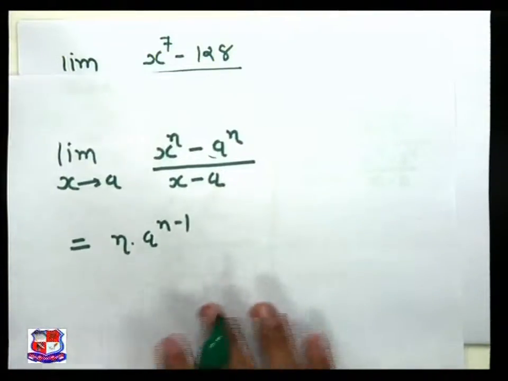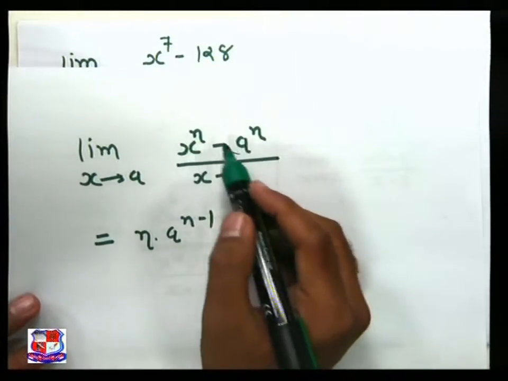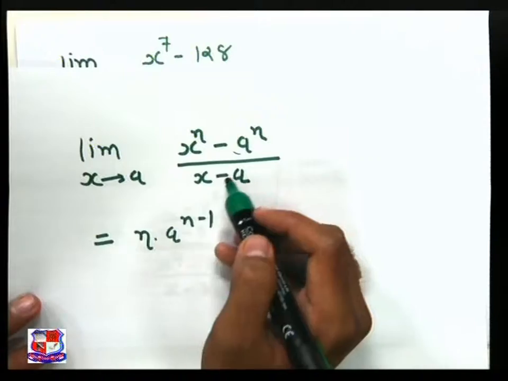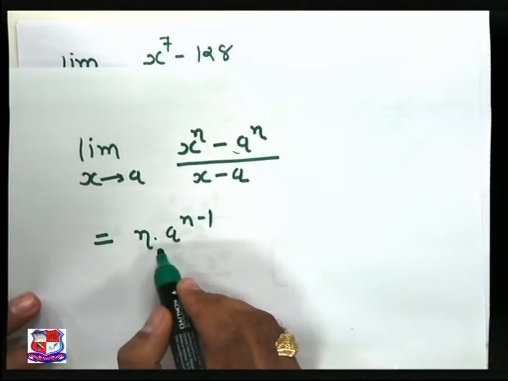Now just recall x raised to n minus a raised to n divided by x minus a, our answer is n, that is the power.